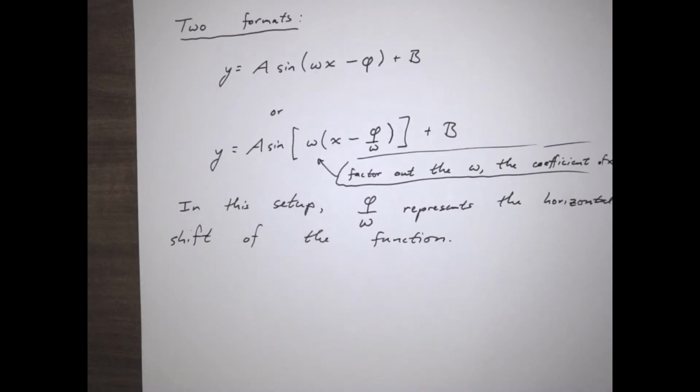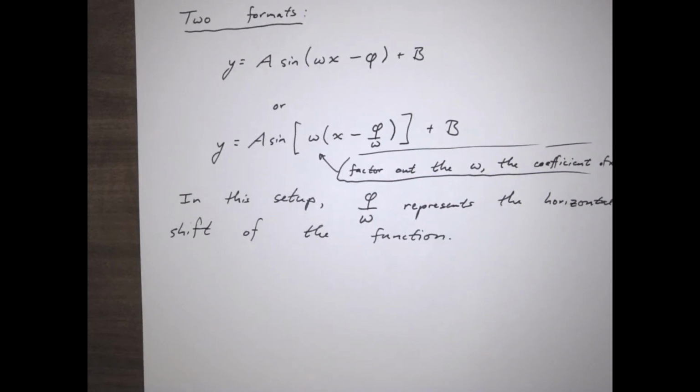Everything else about this still has the same meaning that the function had from the very beginning. So the a will still do the same thing as far as the vertical stretch, which means it's going to give us the amplitude once we take the absolute value. The b is still going to give us the midline, and we'll still use omega to get the period.